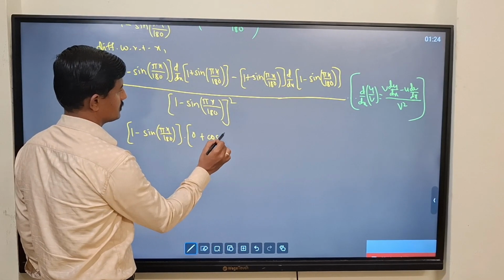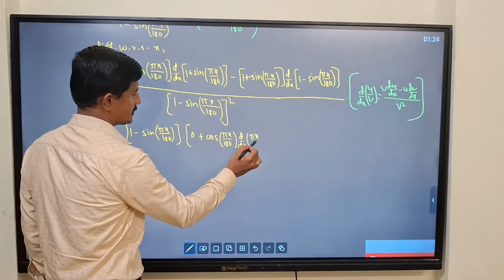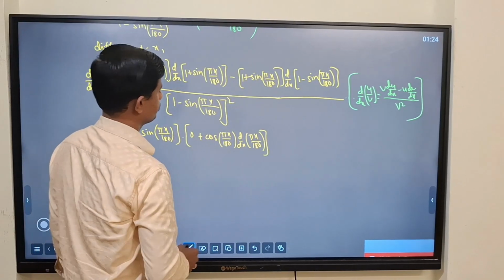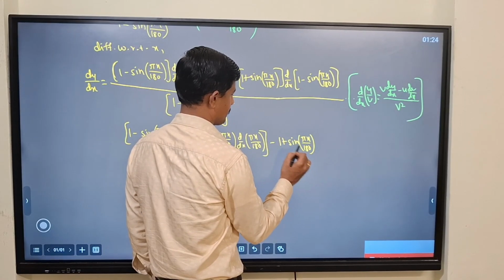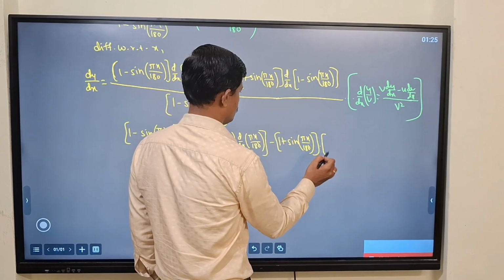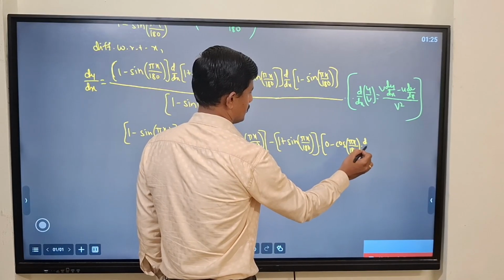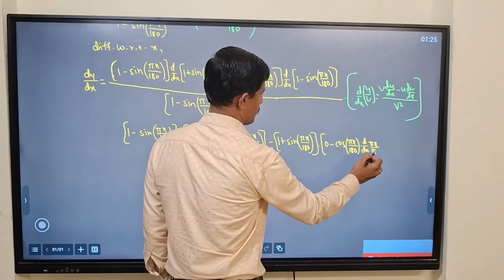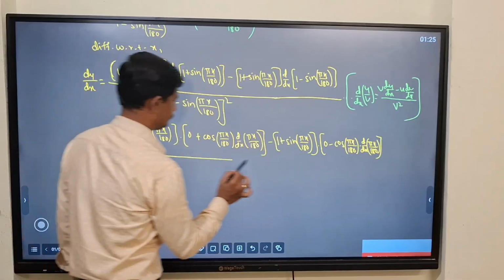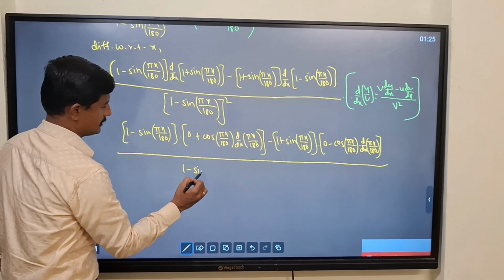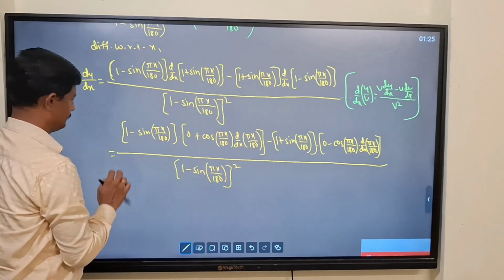Differentiation of sine becomes cos pi x by 180 d dx of pi x by 180, minus 1 plus sine pi x by 180 into this 0 minus sine becomes cos pi x by 180 into d dx of pi x by 180, okay, upon 1 minus sine pi x by 180 whole square.